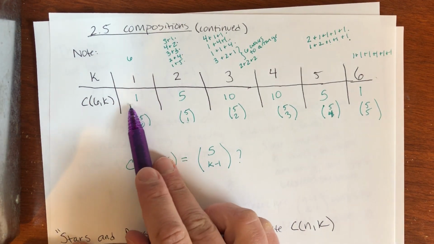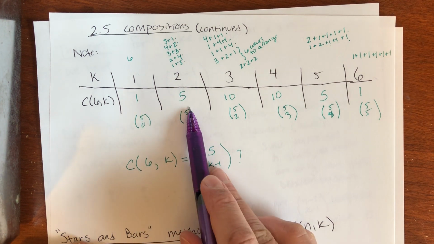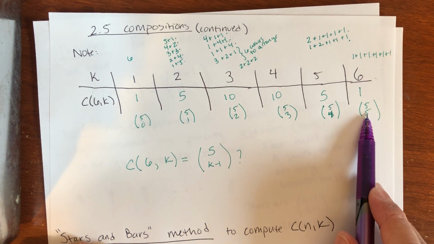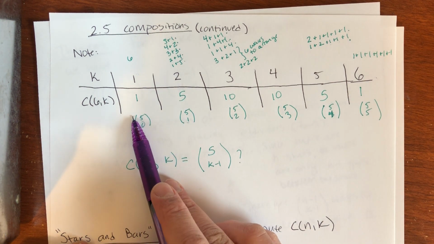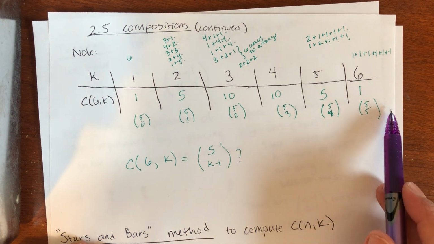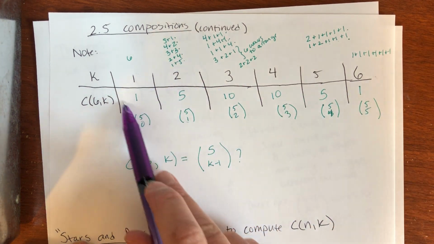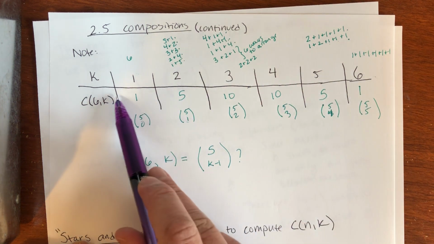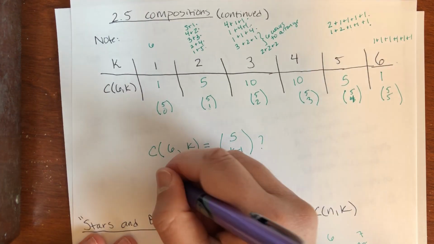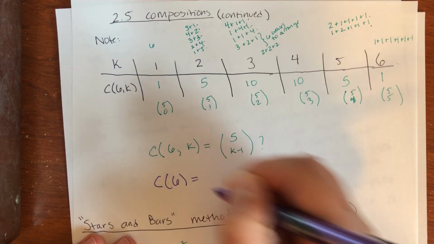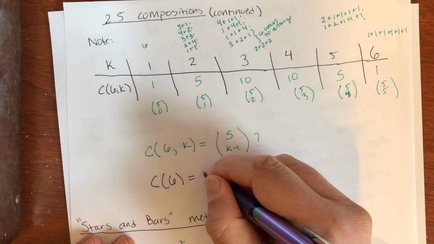We looked into the compositions of 6 into 1 part, or 2, or 3, all the way up to 6 parts. You couldn't have any less than 1 part, and you couldn't have any more than 6 parts. So this total number of compositions, when you add it all together, is going to be your C of 6. C of 6 is just the total number of compositions into any number of parts.